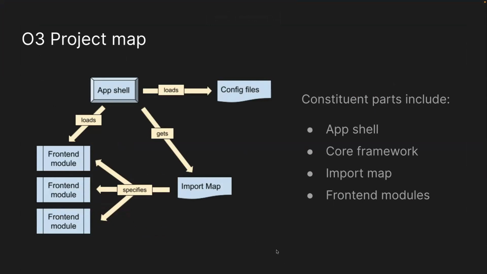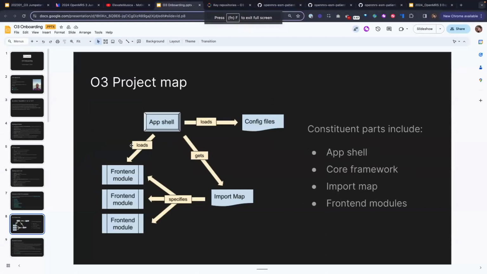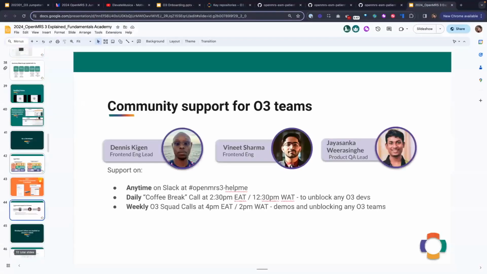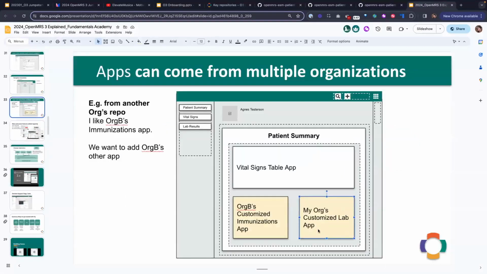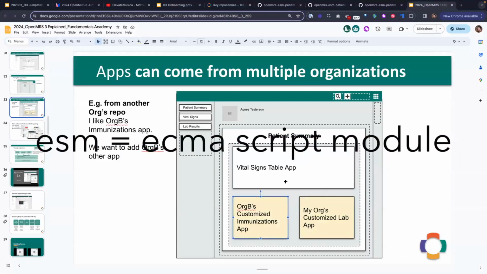So the examples we were just looking at, like attachments. Attachments is an example of a front-end module, or the allergies widget is an example of a front-end module. These are like micro mini modules. Just in the same way as earlier, when we were looking at this example, this would be an ESM, this would be an ESM, this would be an ESM.